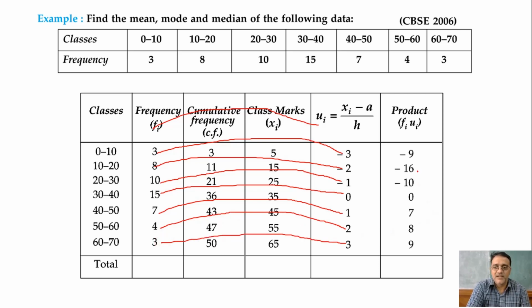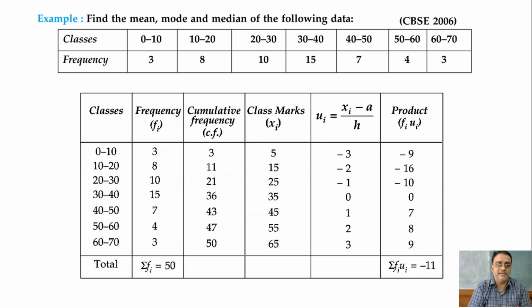The 9 and 9 we cancelled here, and this is -26 and this is 15. So we'll get -11. So total frequency is 50 and summation FU is -11.